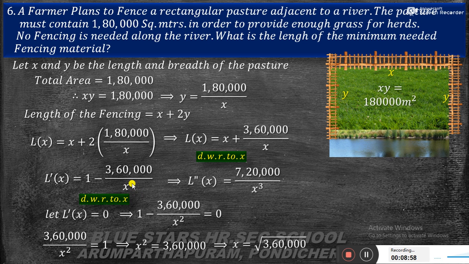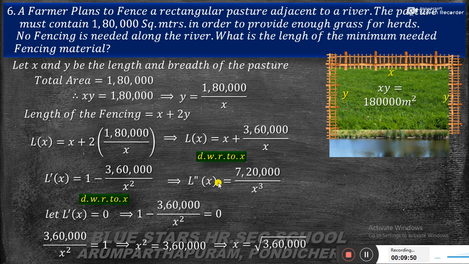Next, I differentiate with respect to x. The differentiation of x is 1, and the differentiation of 1 by x is minus 1 by x square, so L dash of x equal to 1 minus 360,000 by x square. Differentiating again, L double dash of x equal to 0 plus, and since the differentiation of x square gives minus 2 by x cube, minus into minus is plus, so 360,000 into 2 is 720,000 by x cube.